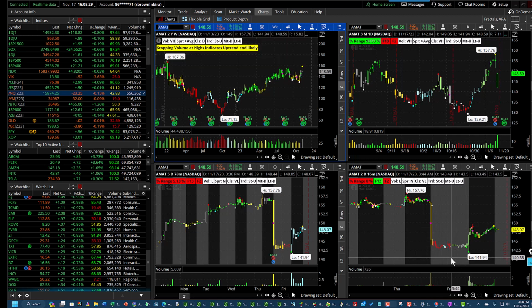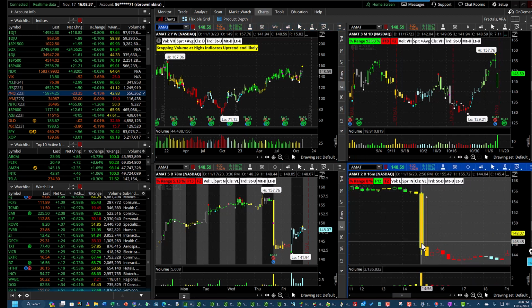And you can see that this is a 16-minute chart. Here's where it opened and it traded down here to begin with. But then buyers started coming in and it came off the low. Looks like about 6 points higher.